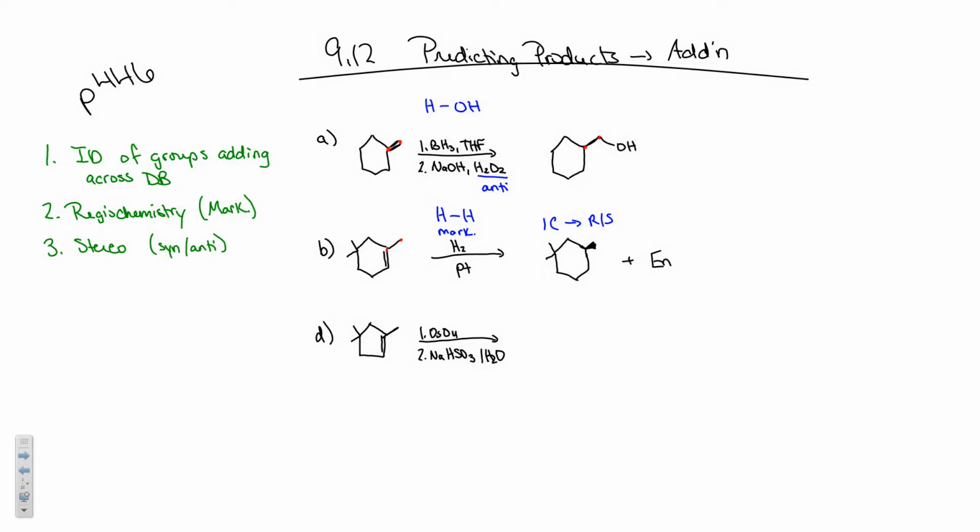What am I adding across my bond? Okay, it's a dihydroxylation, and it's kind of a misnomer up here. There aren't 2 different things, so it's not really Markovnikov or anti-Markovnikov, right? You don't really have to worry about regiochemistry because you're adding the same thing. So there's no preference on which carbon gets which group.